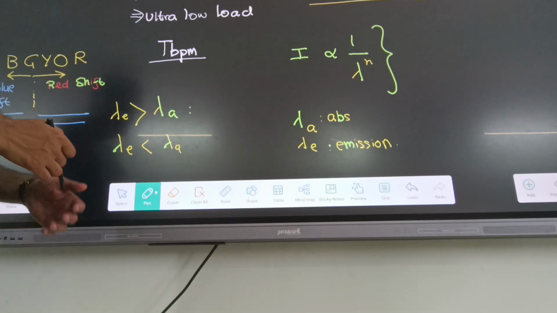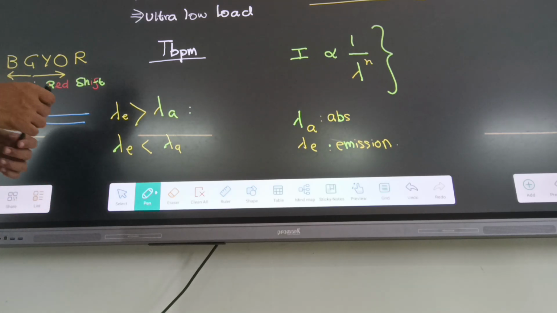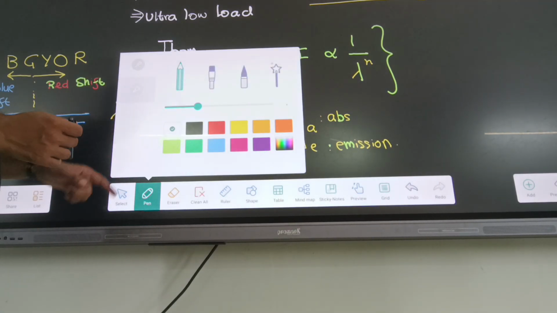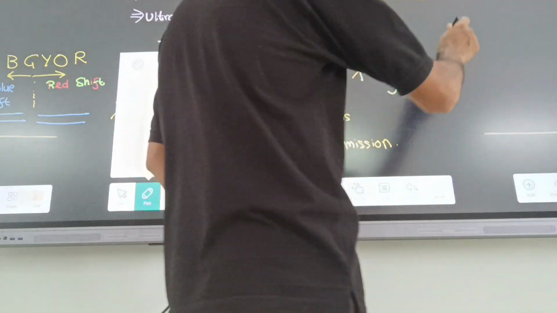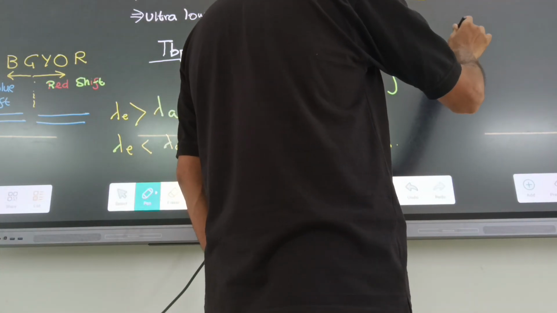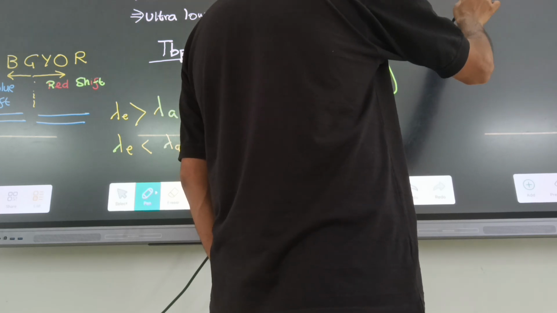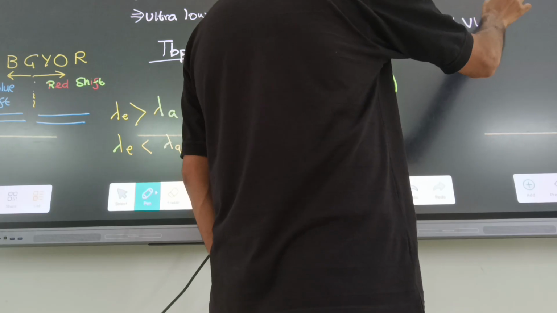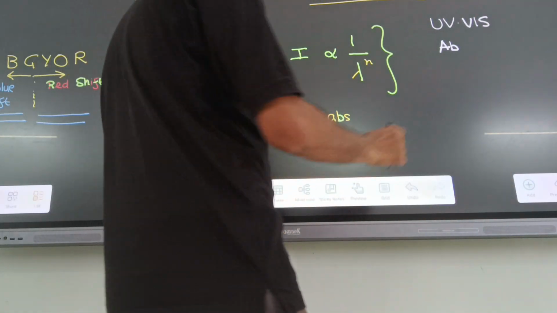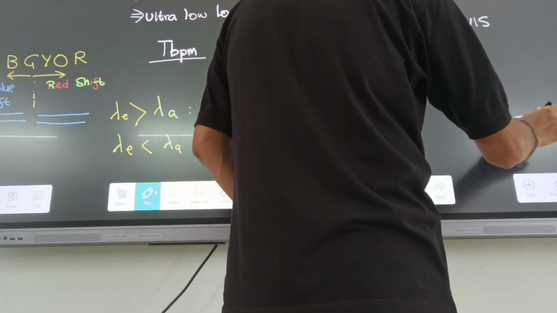In characterization of materials, which is your subject, when you do optical analysis, there is UV vis absorption and other instrumentation. UV vis characterization is basically absorption versus wave number.